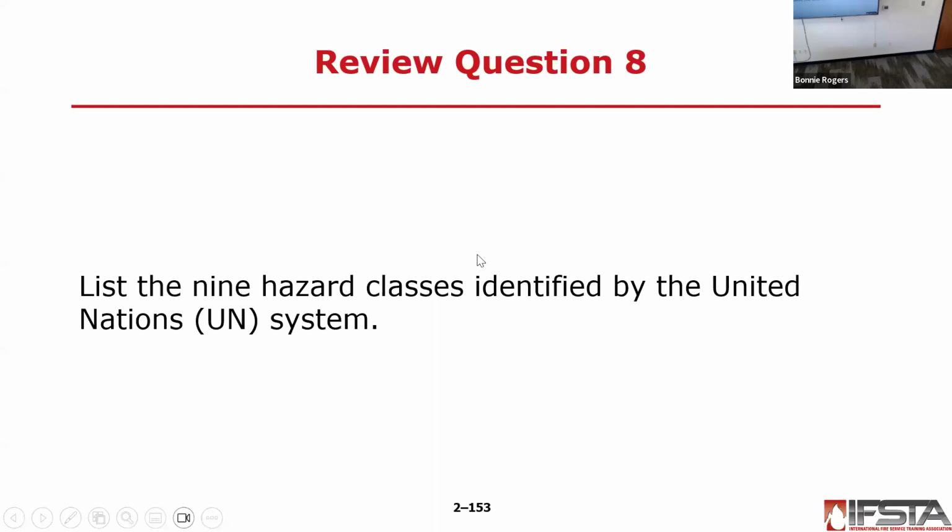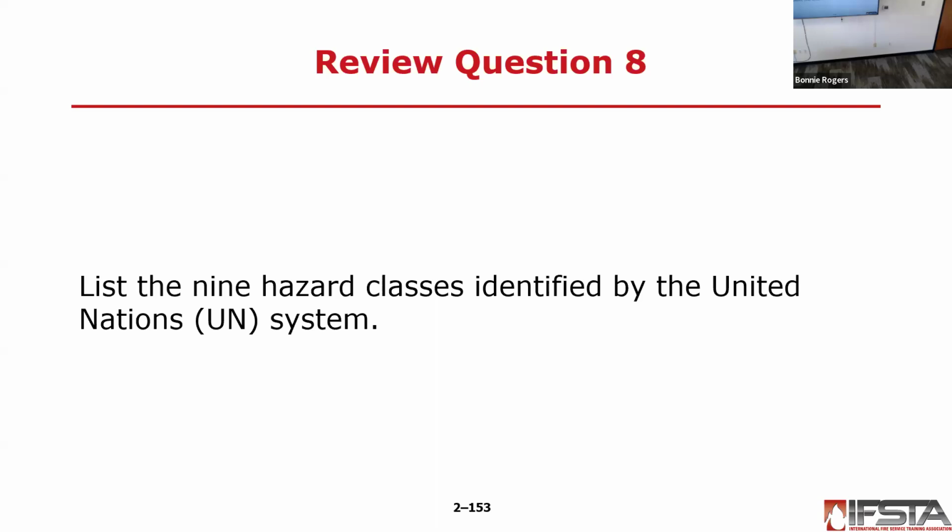What are the 9 hazard classes? See if you can remember without looking at your thing. Okay, what's number 1? Explosive. Number 2, gas. 3, flammable liquids. And how about 4? Flammable solids, which includes spontaneously combustible and dangerous when wet. What's 5?